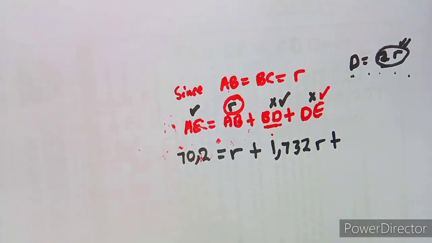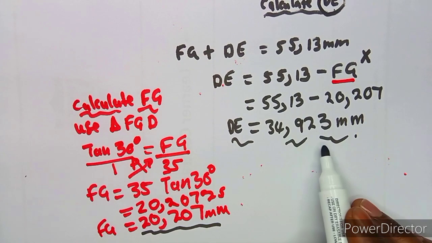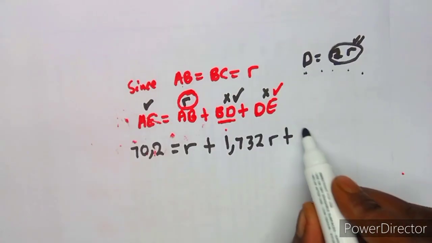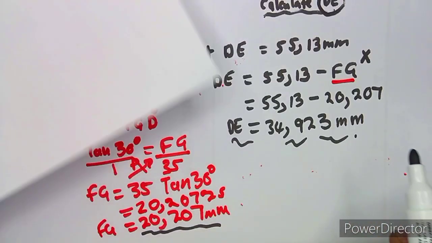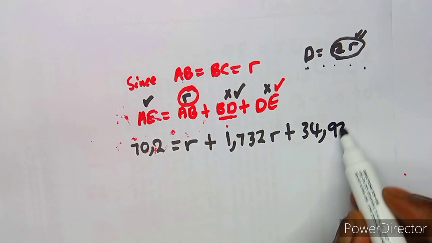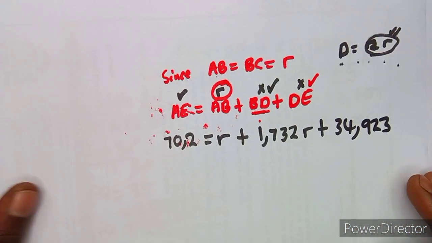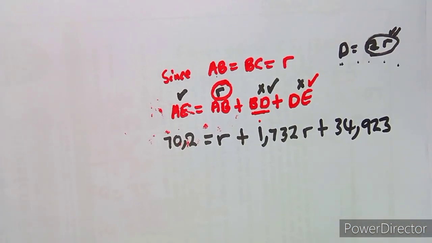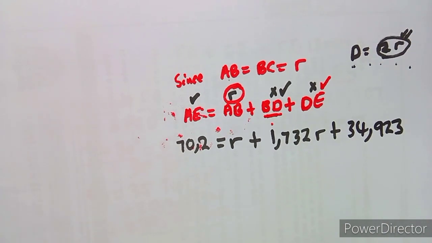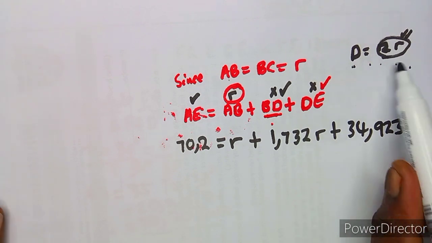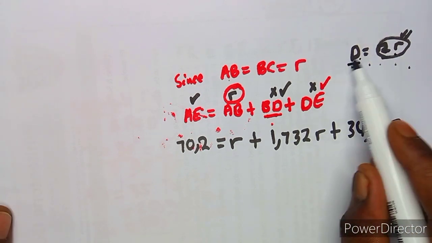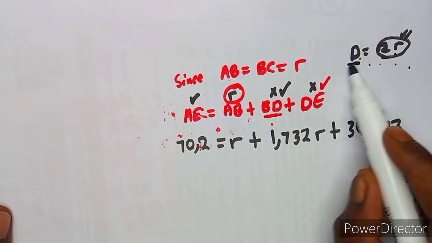We just calculated our DE, 34.923. So we have formulated an equation there. Remember, if we can find the radius, therefore the diameter is there from this formula.